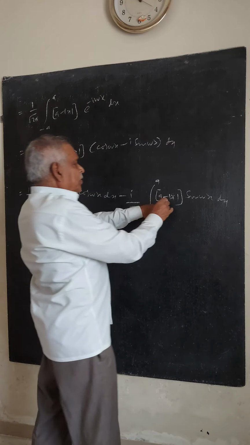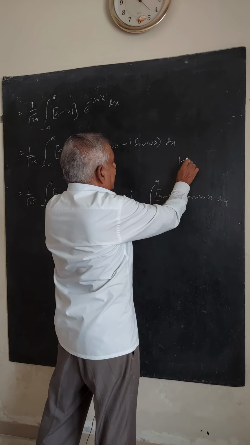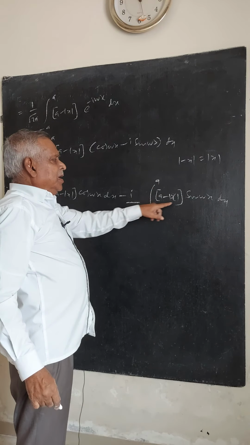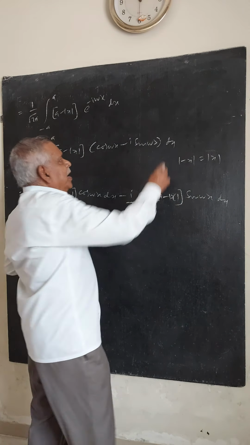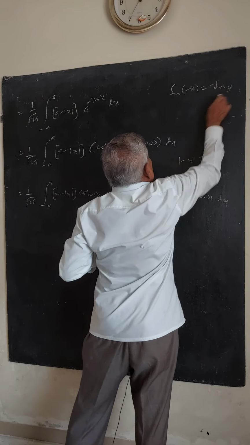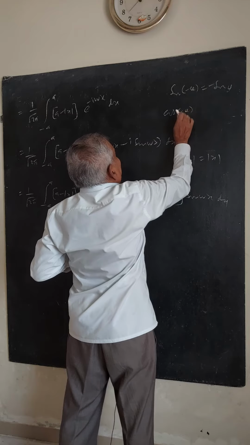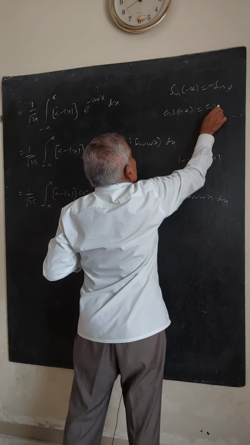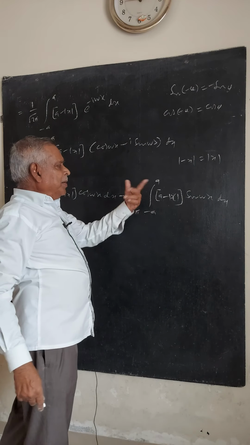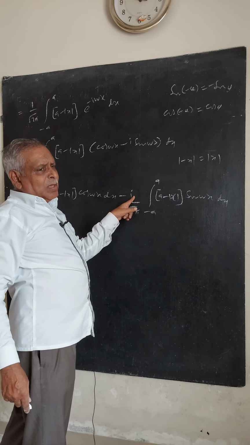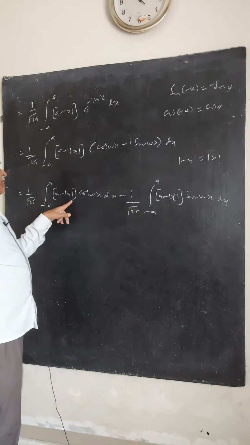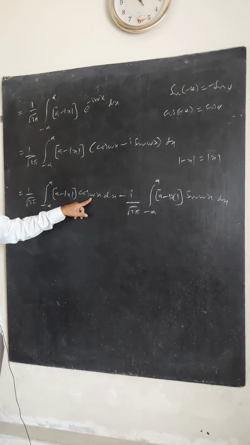See this: |−x| = |x|, so there is no change in sign. sin(−θ) = −sin θ and cos(−θ) = cos θ. So the sine integral is an odd function and becomes 0. We know imaginary parts like this become 0. The cosine integral is an even function, since cos does not give a negative outside.